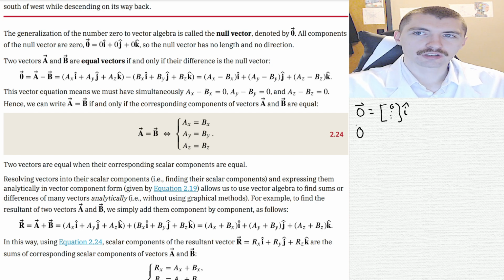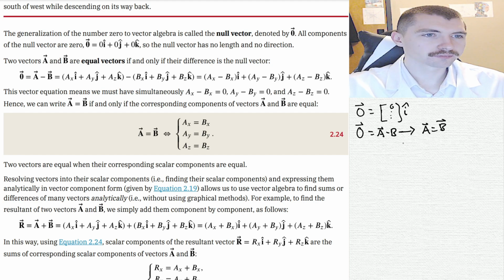So if A minus B, then A equals B is what this is saying.